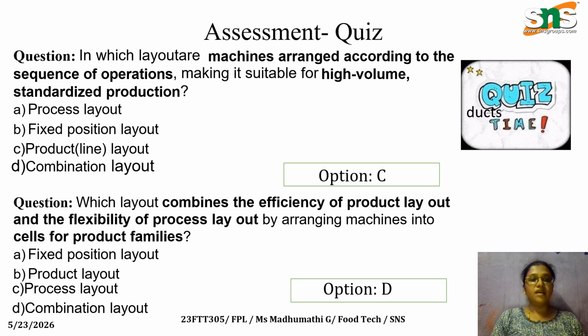It is the product layout only, because that is where we will have standardized production and the sequence of operations will be in a hierarchical order. And the second question: which layout combines the efficiency of the product layout and the flexibility of the process layout by arranging machines into cells for product families? It is the combination layout.